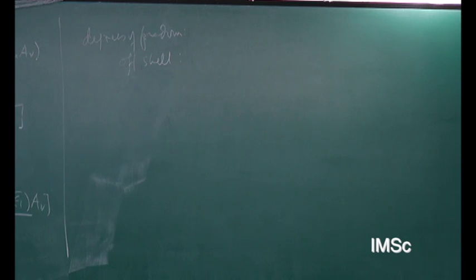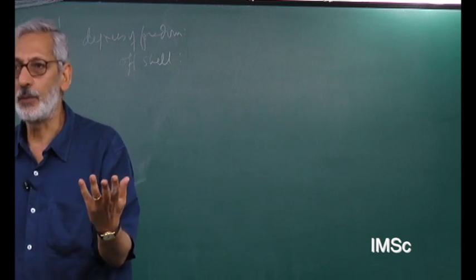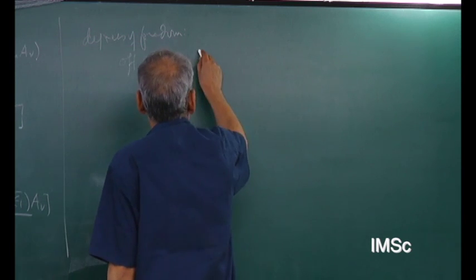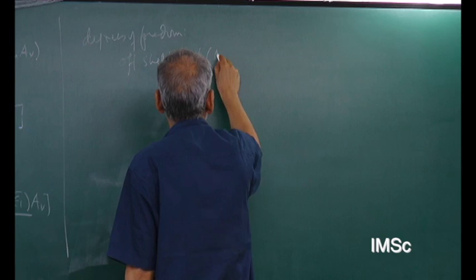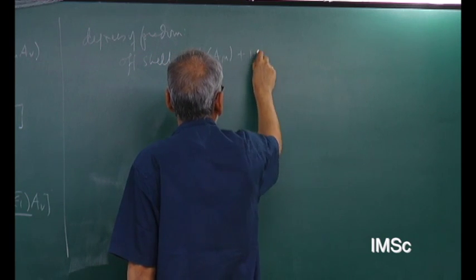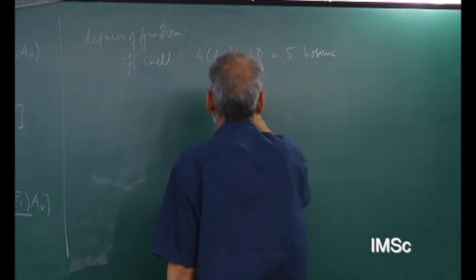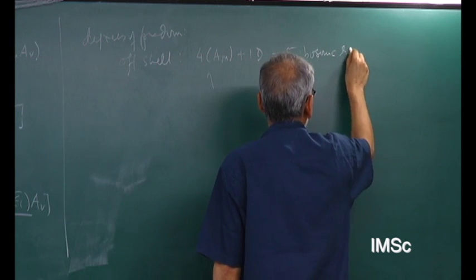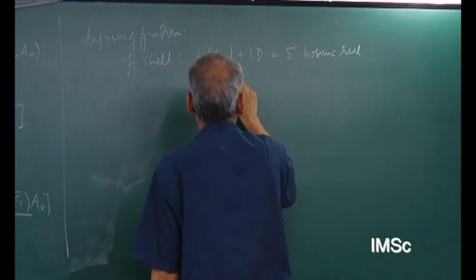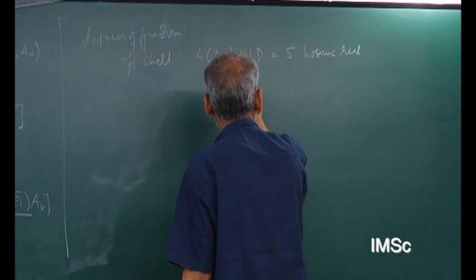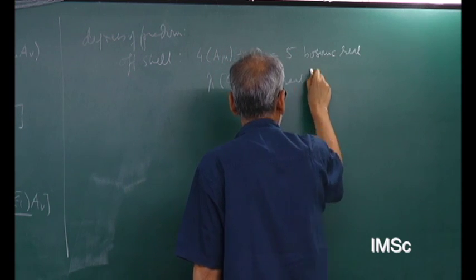When we use equations of motion of A and lambda, and D would be a constraint equation, then that will be on-shell counting. That will count real physical degrees of freedom of the multiplet. Now we have 4 degrees of freedom in A mu and 1 in D, that is 5 real bosonic, and lambda is made up of 2 complex objects, which is 4 real fermionic.